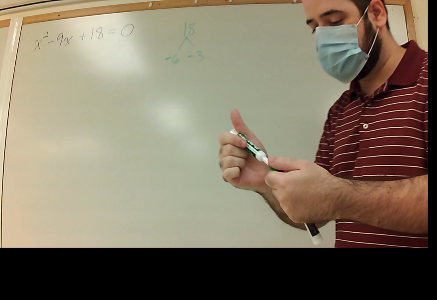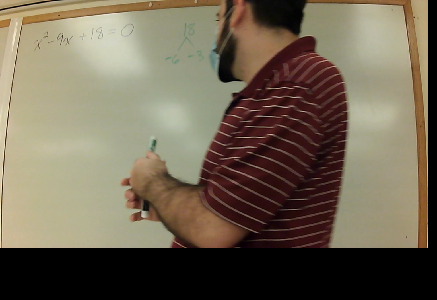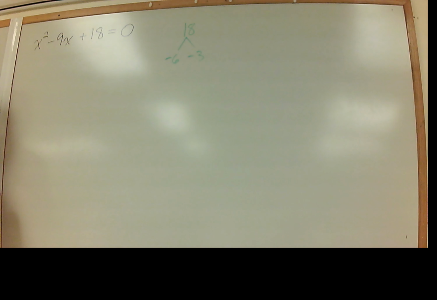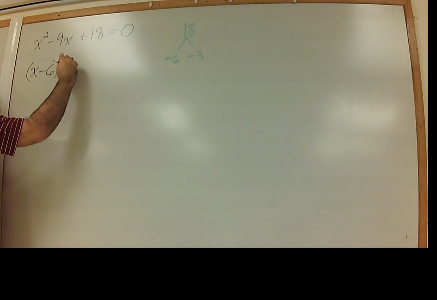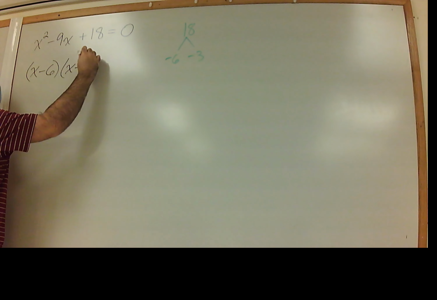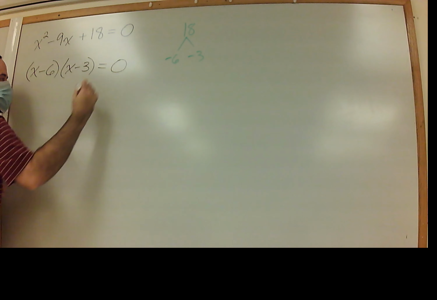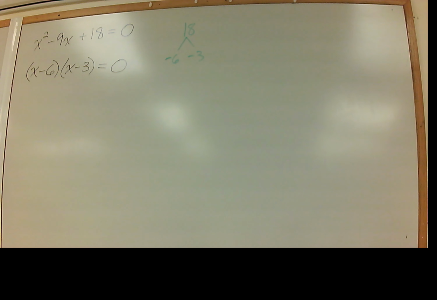So that works. So what's our next step when we find our two magic numbers? x minus 6 times x minus 3. That's right. So we write it down in factor form. Make it equal to 0, and then we did a little bit of this last time. I think we split it up into two equations.